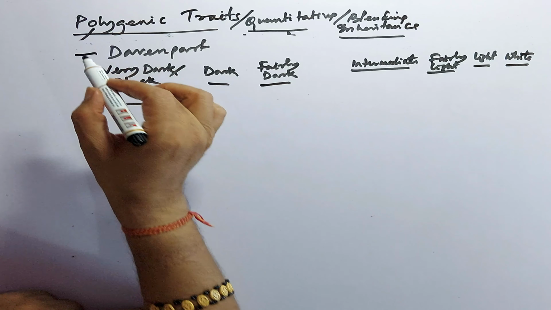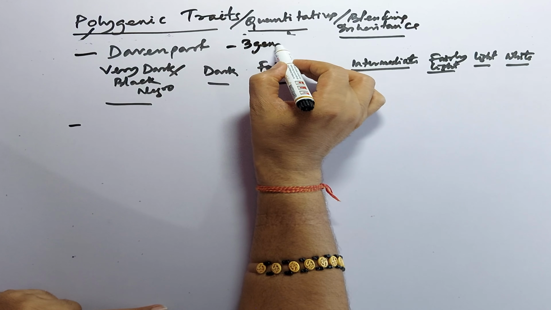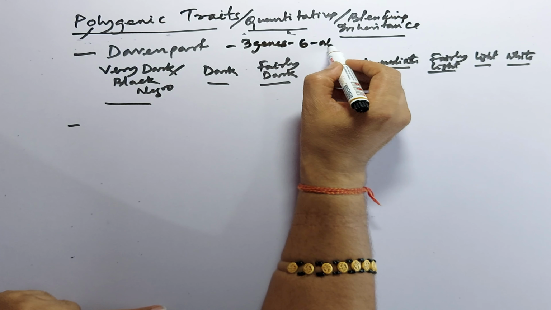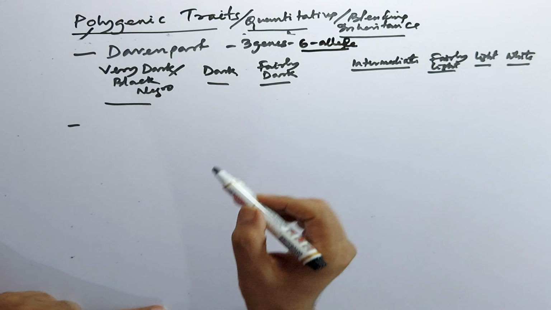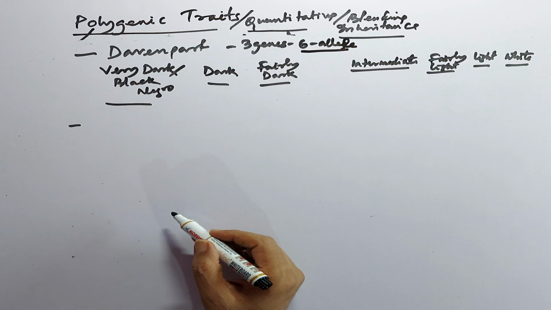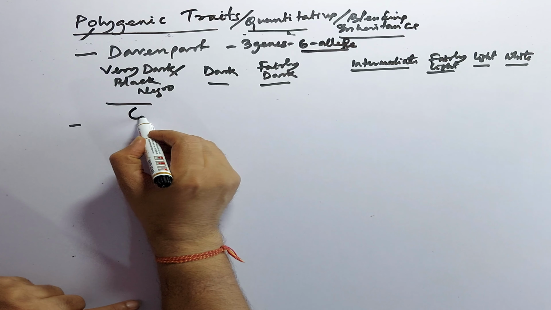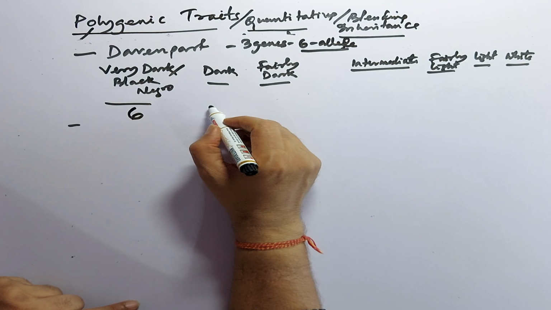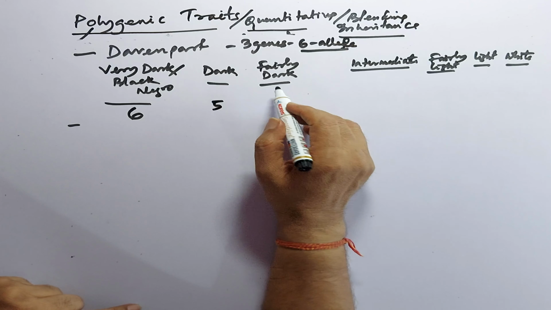So in this case, really 3 genes having 6 alleles are involved. So out of 6 alleles, if total 6 are dominant, then this is very dark. And if any 5 are dominant, this is dark.